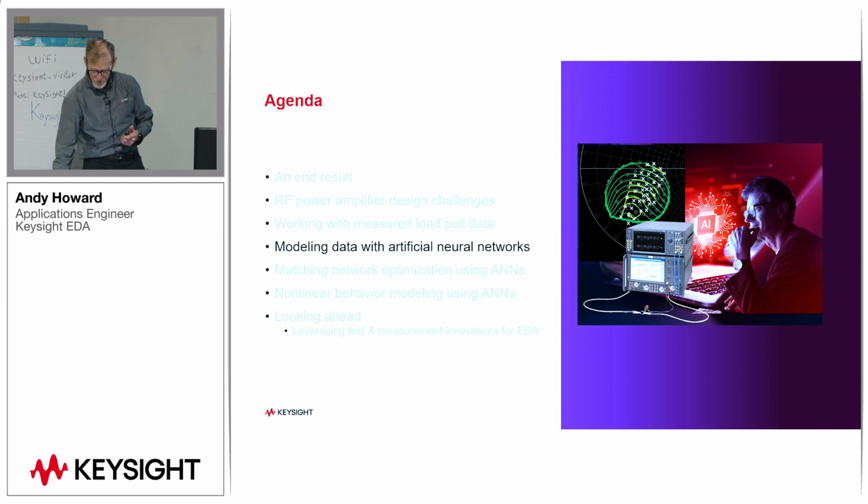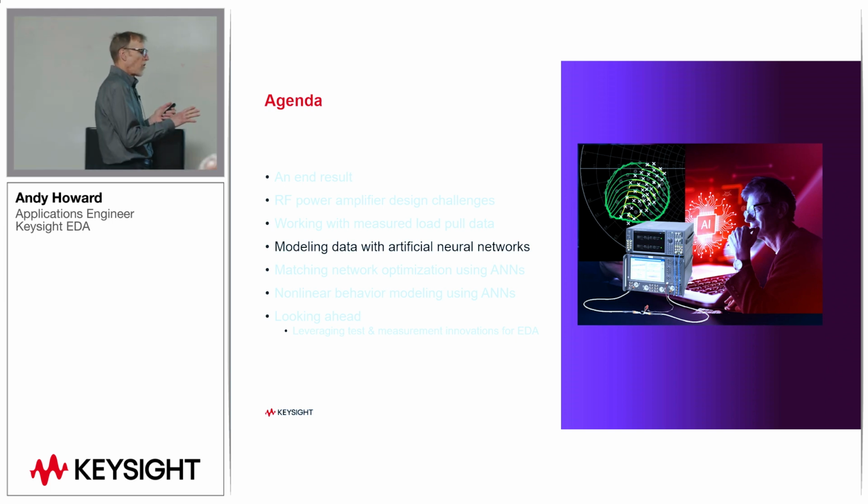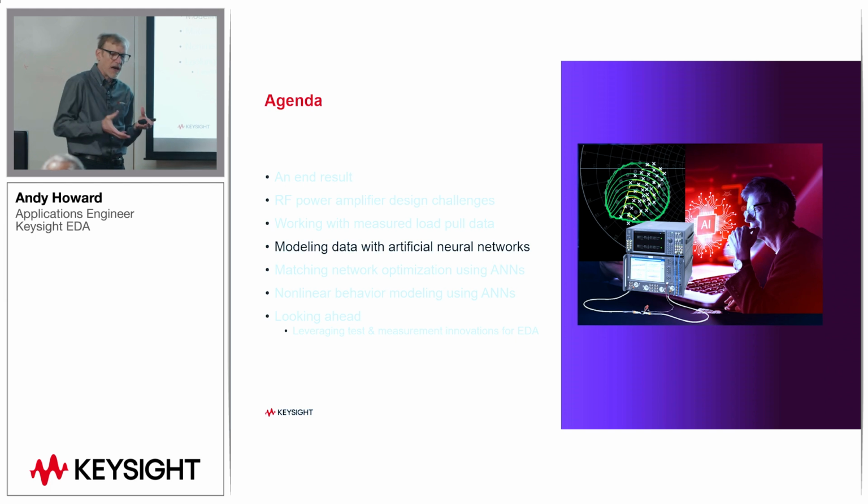So I'm going to talk about modeling data with artificial neural networks. What I've shown so far is just reading in the data and then plotting it in ADS. Once you've done that, some people are satisfied that it's good enough. And you certainly don't have to be designing a Doherty power amplifier.